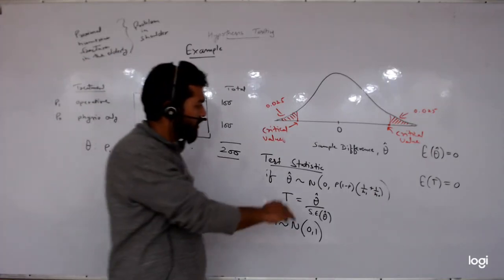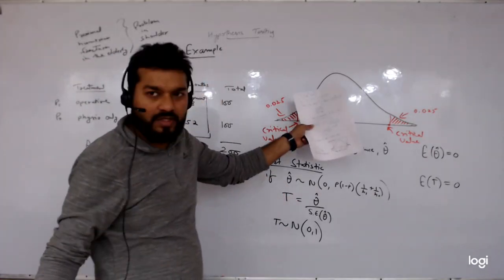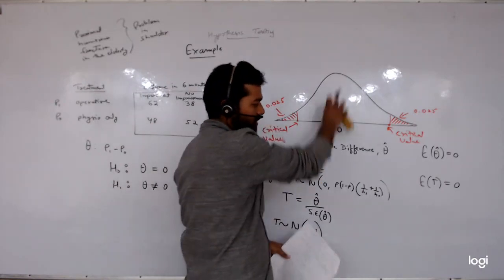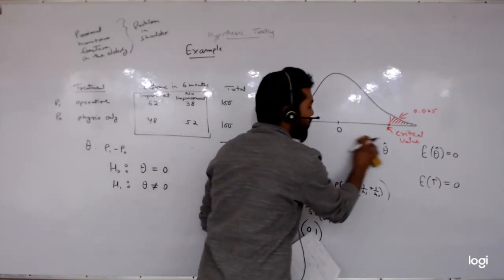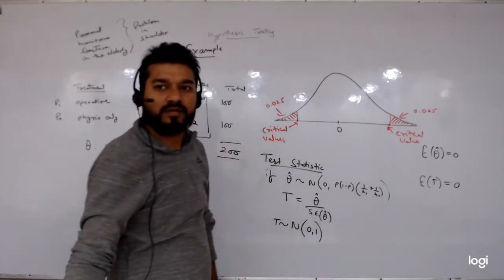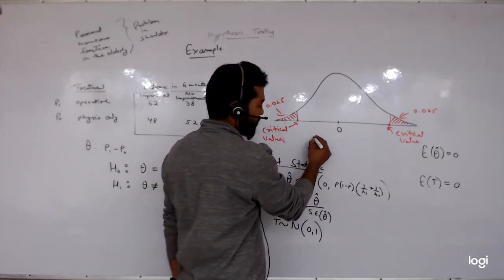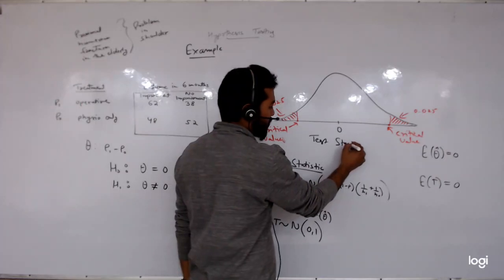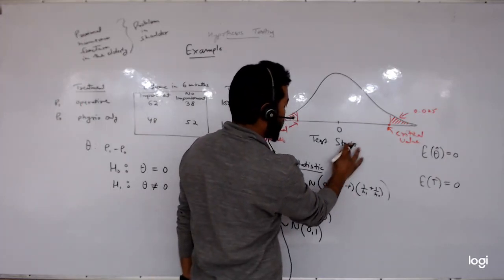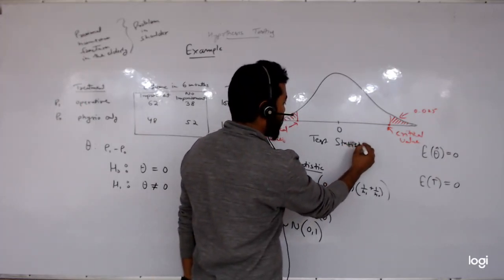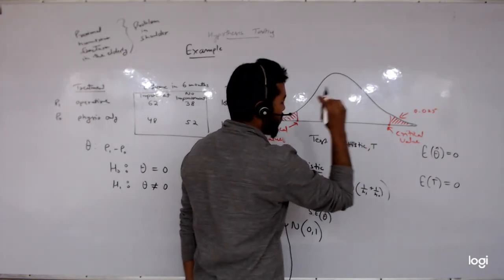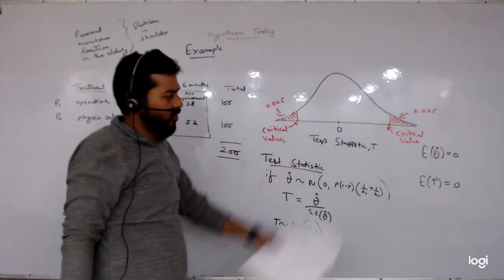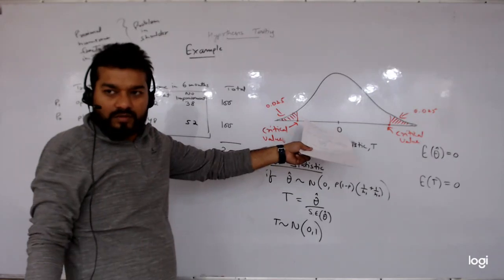Now I'm not going to draw this again. I'm just going to say now this distribution is not for the sample statistic. Now this distribution is for the test statistic T, which is also centered on 0.